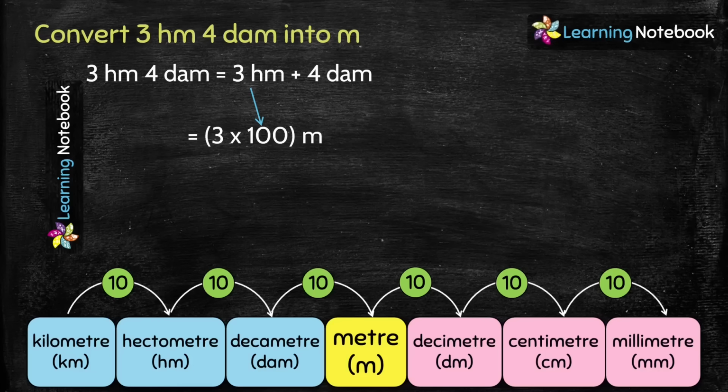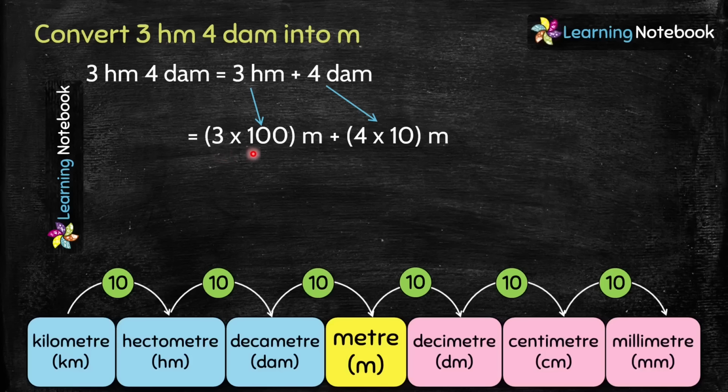Now let's convert decameter into meters. Now again refer to this diagram. How many times do we need to jump from decameter to meter? Only once. It means 1 decameter equal to 10 meters. So 4 decameter would be equal to 4 into 10 meters.